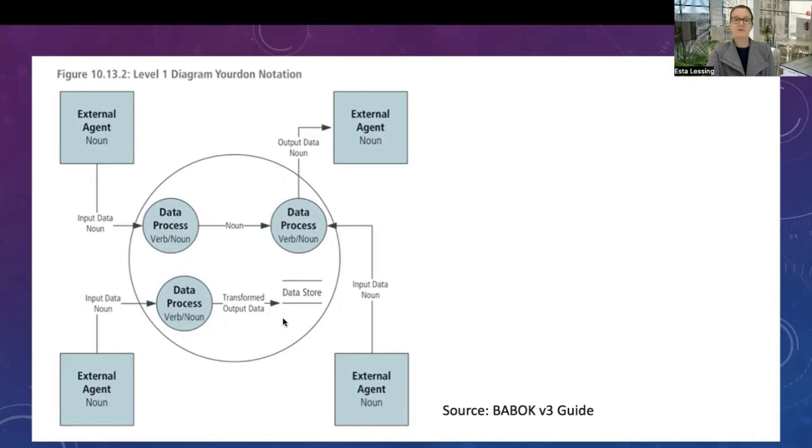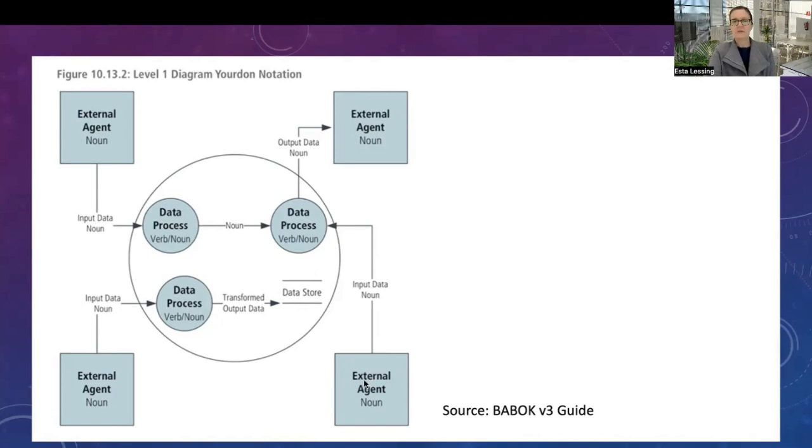And you can potentially have a data store within your system that might be used to put data for storage or retrieve data to do processing. So as you can see here, you might store transformed data. Let's say you did some calculations based on a transaction. Those calculations might be stored as some data for later retrieval.